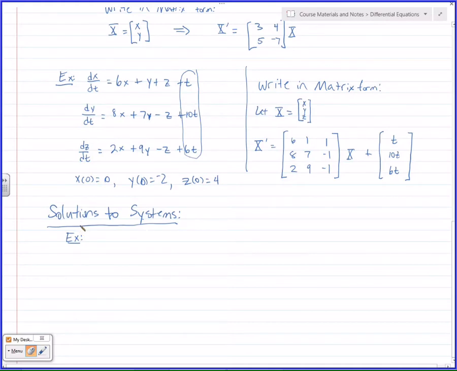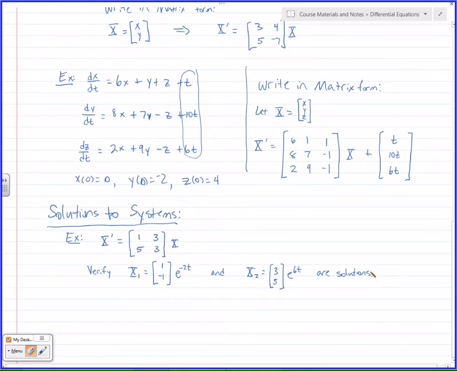If I told you that we have the system X prime equals [1, 3; 5, 3] times capital X, and I ask you to verify that x1, which is the vector [1, negative 1] times e to the minus 2t, and x2, which is [3, 5] times e to the 6t, are solutions.